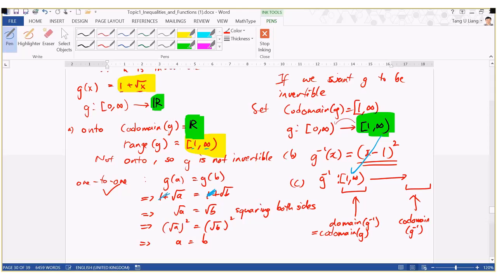Just imagine if G was the arrow going from 0 to infinity to 1 to infinity, the inverse must be the arrow flipped around. So that's why you have this crisscross. So the codomain of G inverse will be the domain of G. Please remember that.